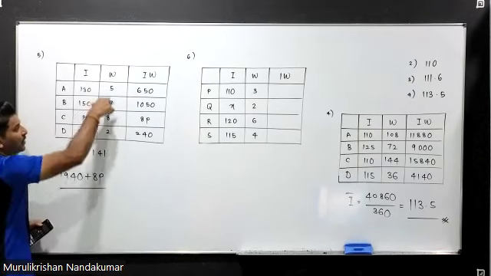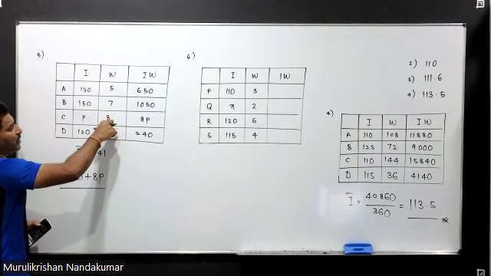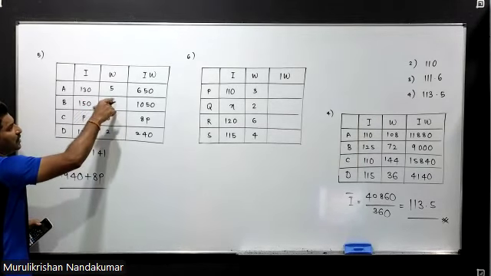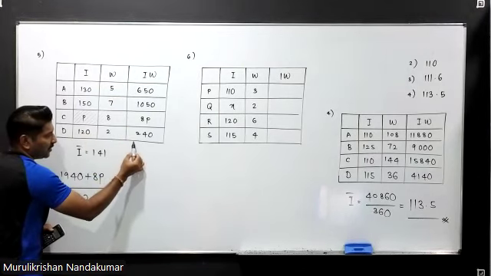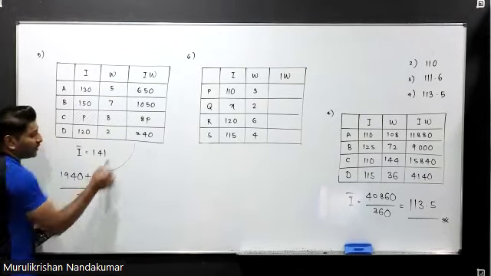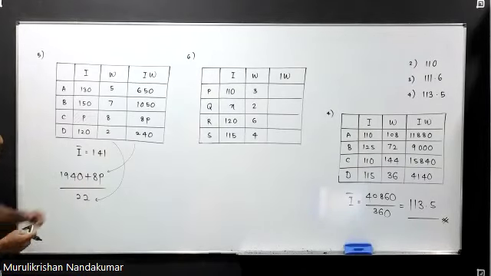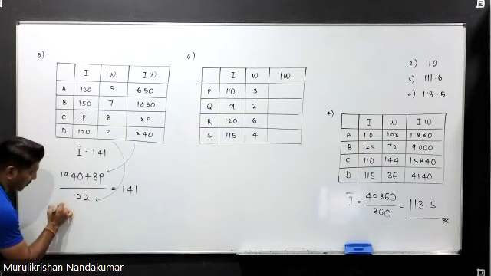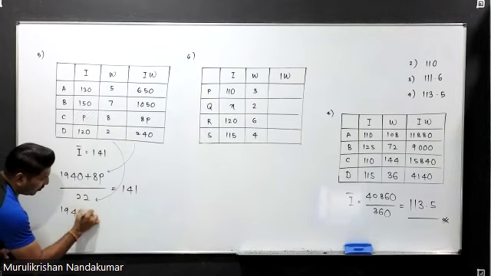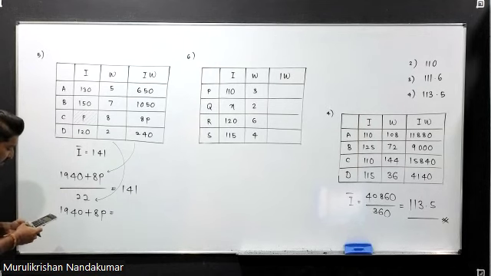Divide by the weightage. Your weightage is this one. The weightage is 22. 10, 17, 22. Understand? The total of this is on top, and the total of this goes below. And it must equal 1 for 1. So 1940 plus 8P. Okay, 1 for 1 times 22.